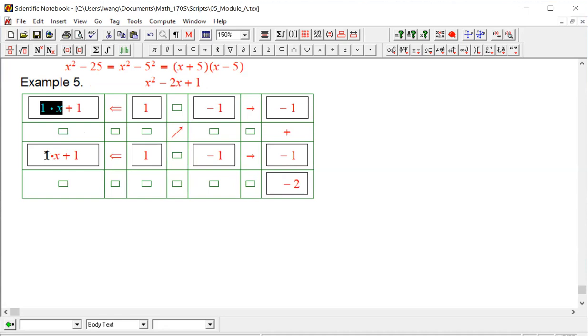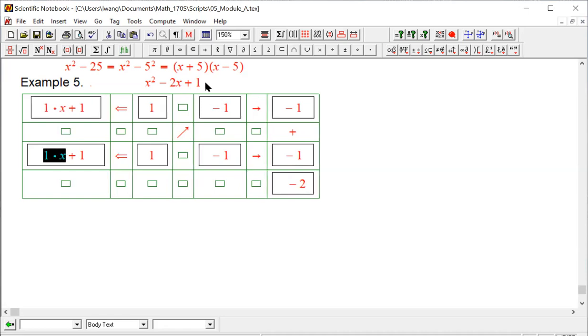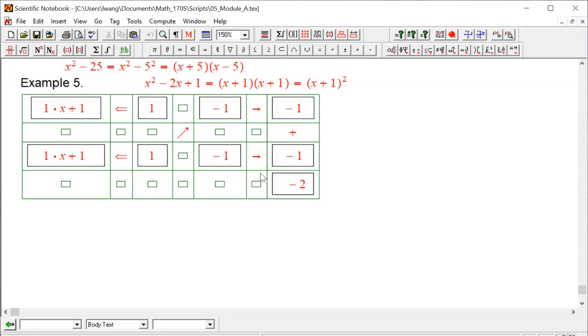Okay, so we made it. And also we get 2 of the same factor, x plus 1. So this equals x plus 1 squared. And of course, you can check the formula by FOIL.